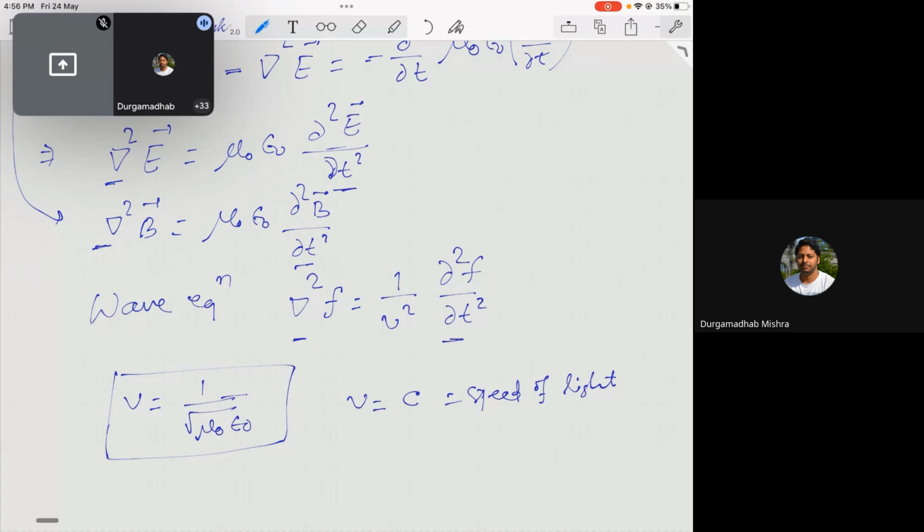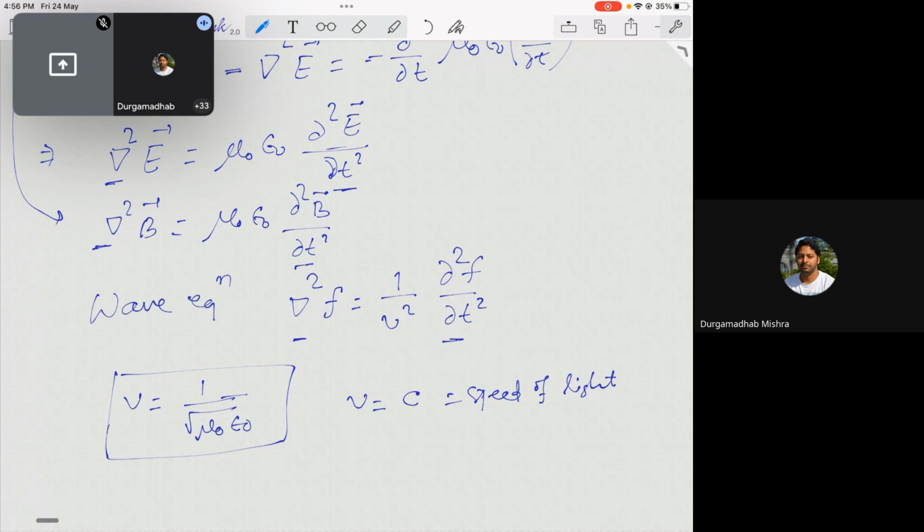It is a very different kind of wave, simply due to the propagation of the electric and magnetic field in a special way, and they can propagate in vacuum, without any medium or source.